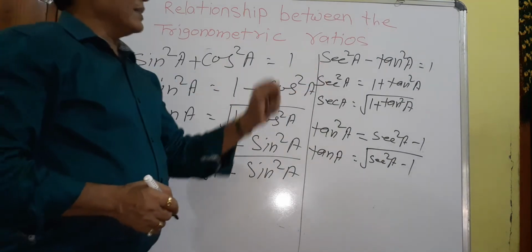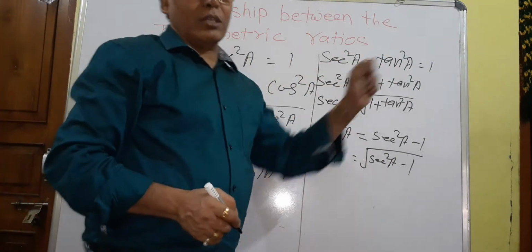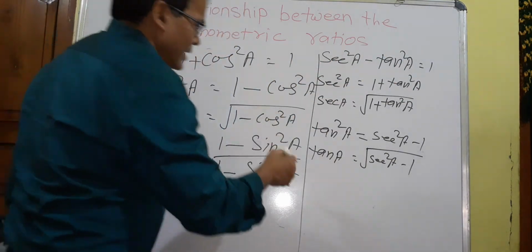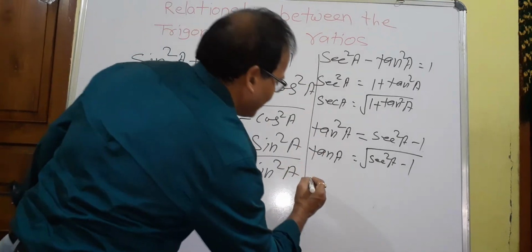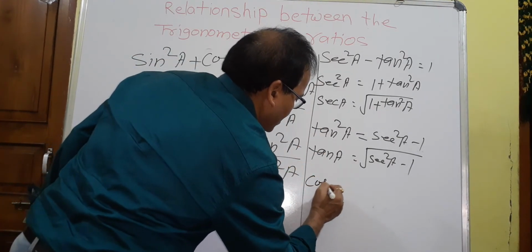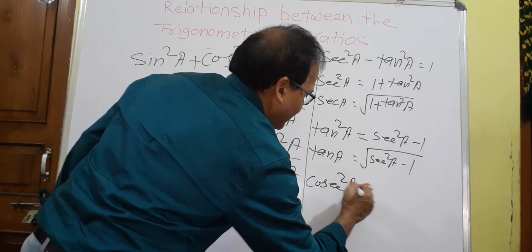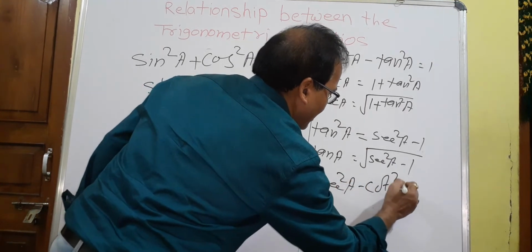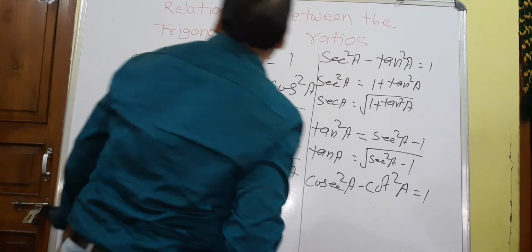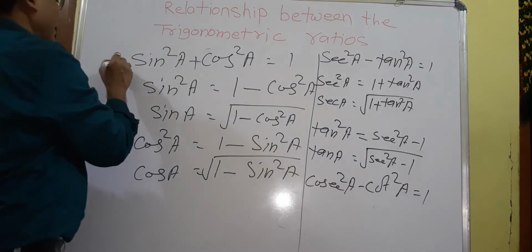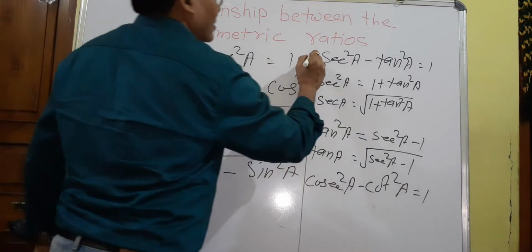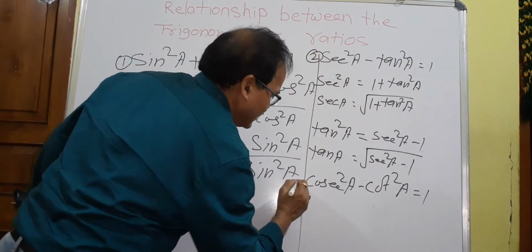One more formula is there: cosec square A minus cot square A is equal to 1. And the same way you can also derive from cosec square A minus cot square A is equal to 1. So for squares there are again three formulas. 1 is here, 2 is here and 3 is here.